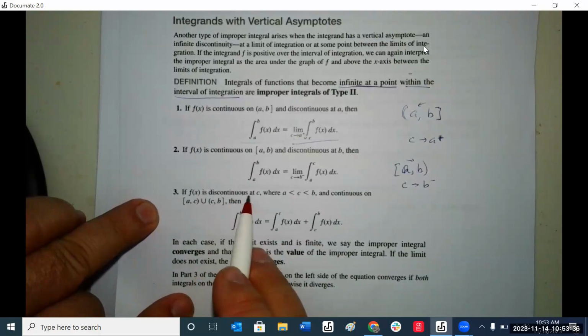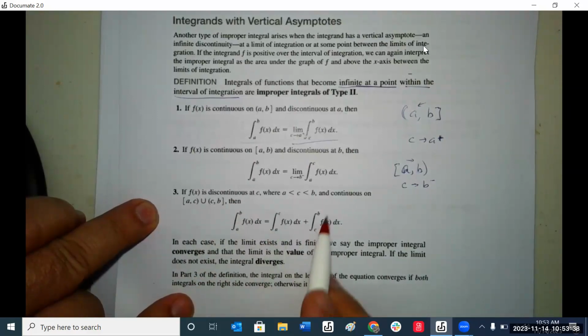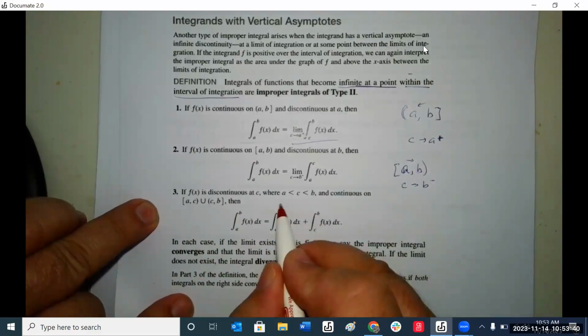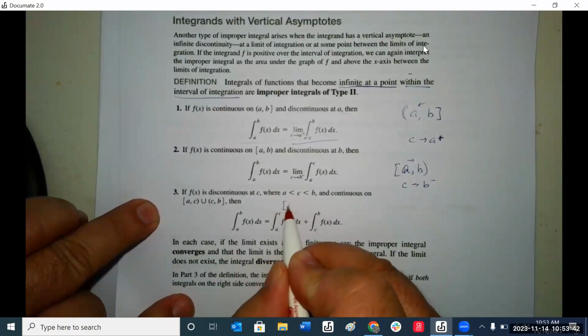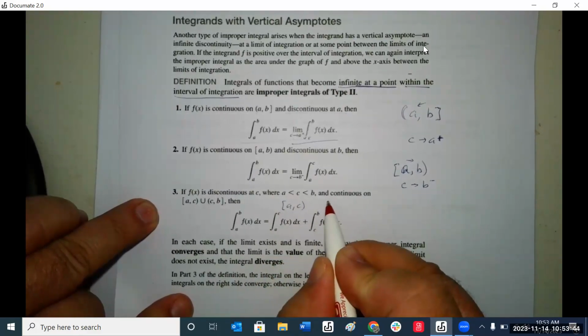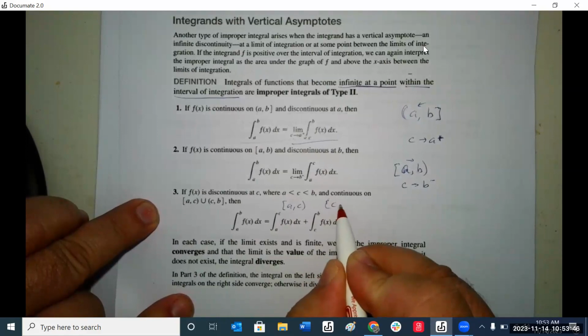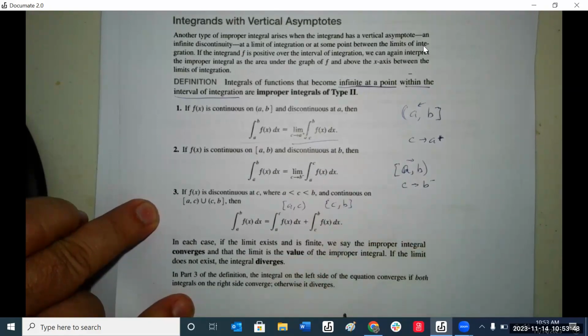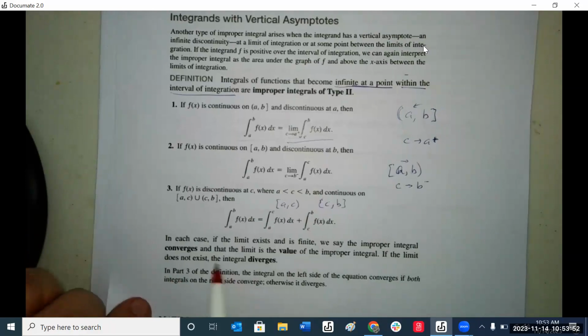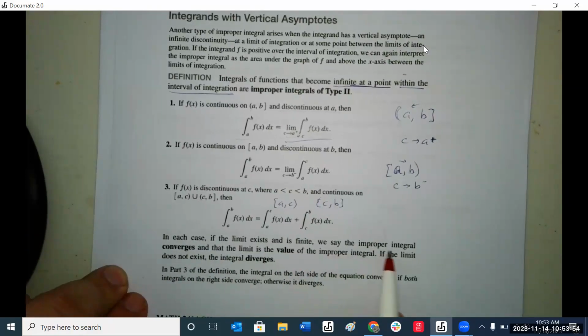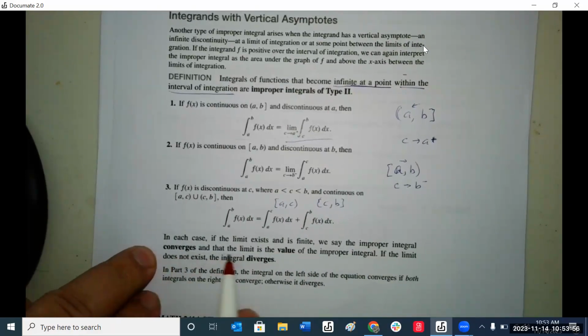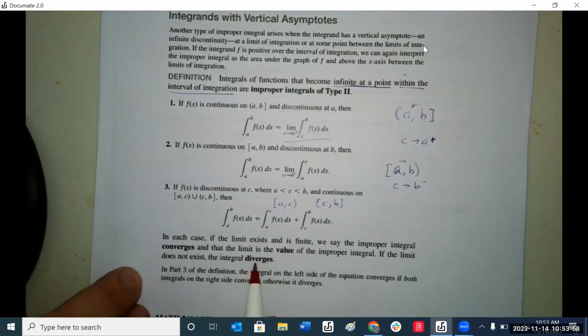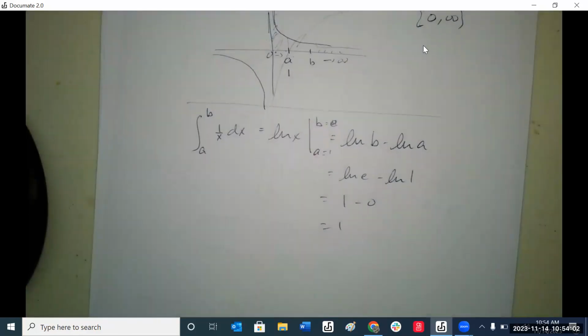If it's discontinuous at some point C, then we have A to C and C to B. In each case, if the limit exists and is finite, the improper integral converges to a limit value. If it doesn't, it diverges. So it's the same thing we did with the first part.